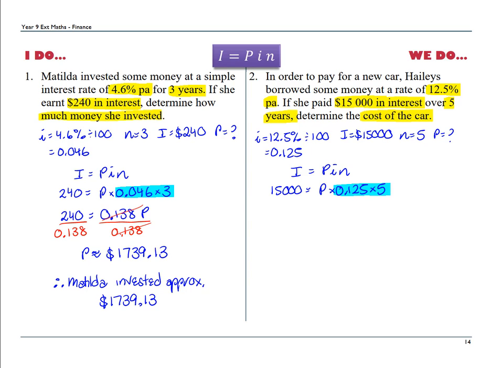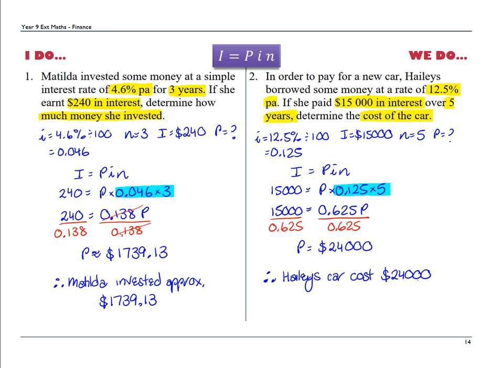So we've got 1,500 equals 0.625 multiplied by P. To get P on its own, we divide both sides by that 0.625. So our P is 1,500 divided by 0.625, which is $2,400. Finish with a therefore statement. Therefore, Haley's car cost $2,400.